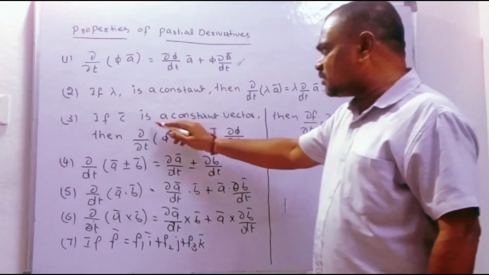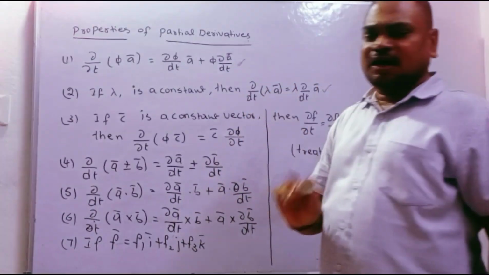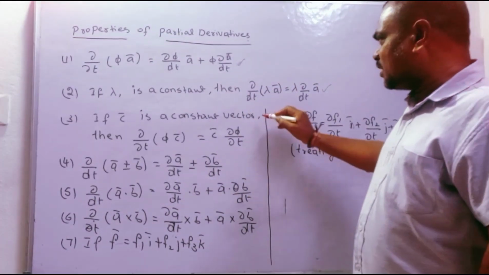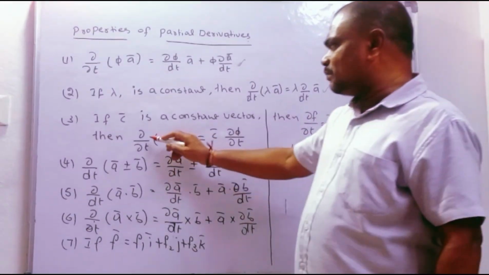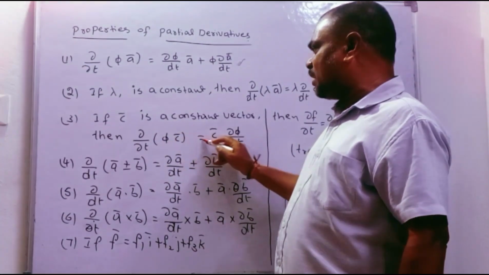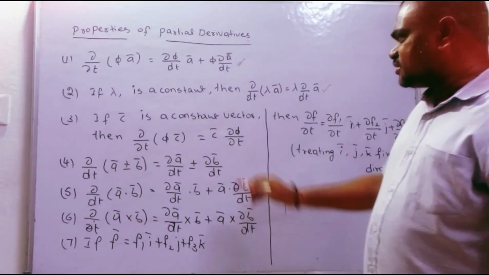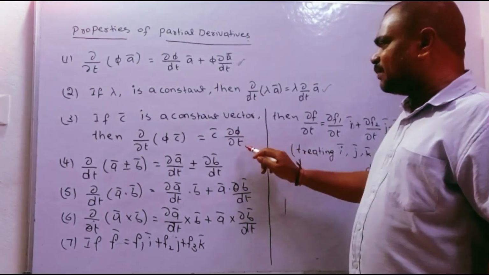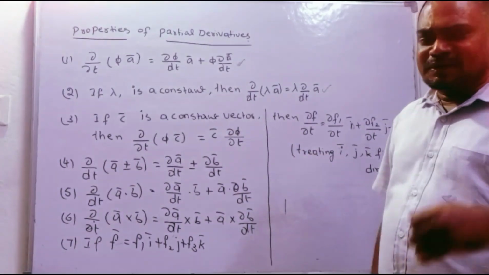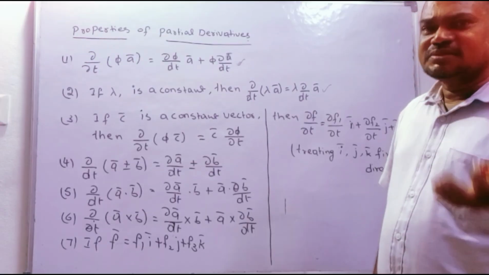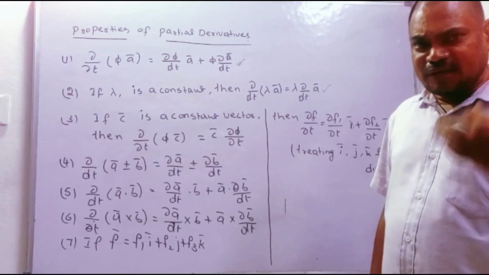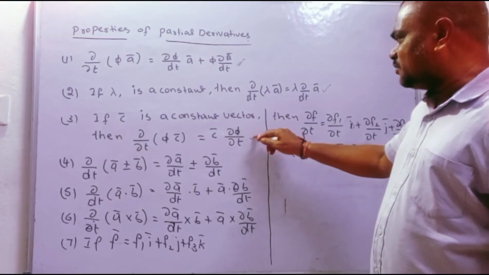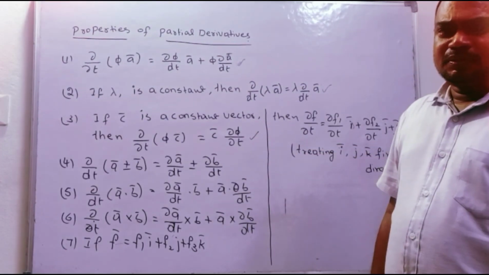If c bar is a constant vector, then dou by dou t of phi c bar equals c bar dou phi by dou t, where c bar is the constant vector, meaning there are no variables. Then we can use this property.